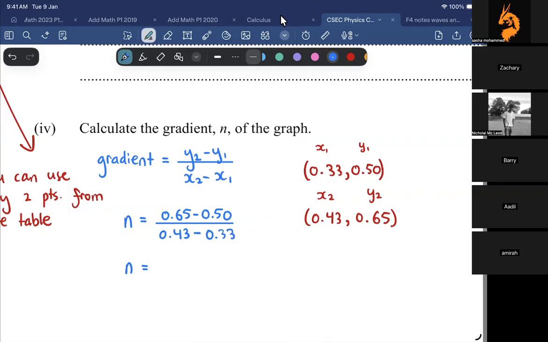You should get a nice, beautiful answer. I get 1.5. Anybody else getting 1.5? Guys, come on, lock in. I'm not hearing anybody. What's going on here? Sasha, I hope you have a calculator there.